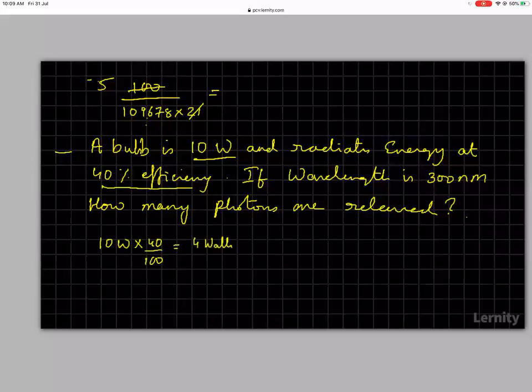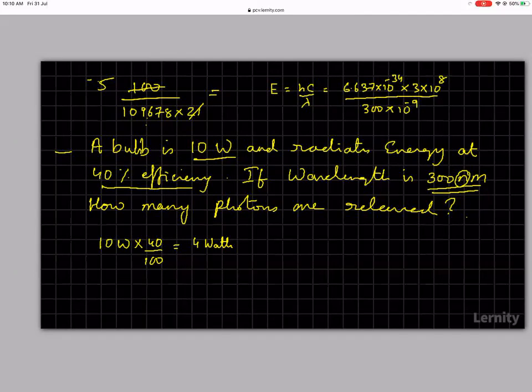Now it is releasing wavelength of 300 nanometers. The energy of each photon is equal to hc by lambda, which gives 6.637 into 10 power minus 34 into 3 into 10 power 8 divided by lambda. Lambda is 300 into 10 power minus 9, since it is in nanometers.